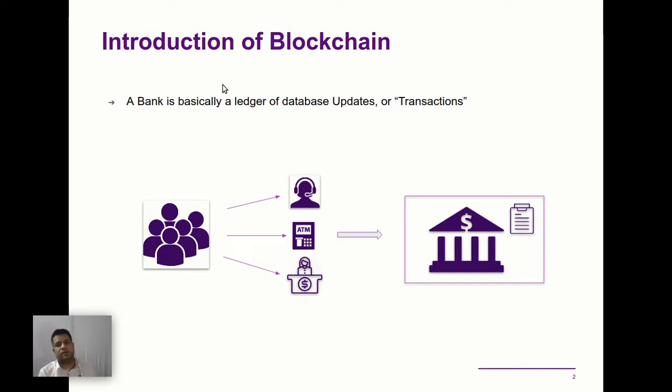The reason why banks are easy to understand is because everyone has had a relationship with a bank in some form or the other. Most of the times we have a savings account in a bank and we interact with the bank through various different channels, which could be an ATM or going to a branch or talking to a banking agent on phone, but in the end we are essentially interacting with that savings account which is a part of the bank.